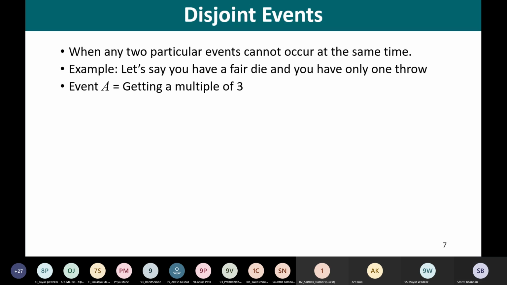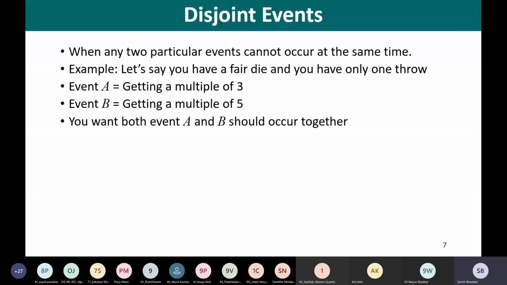Right? Now, here event A is, suppose, getting a multiple of 3 and event B is getting a multiple of 5.